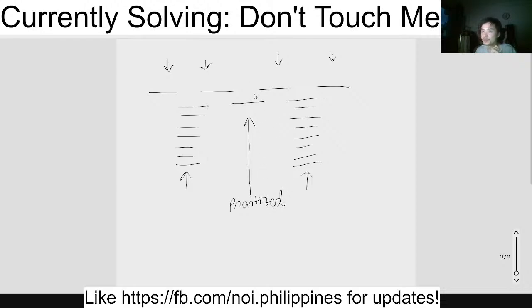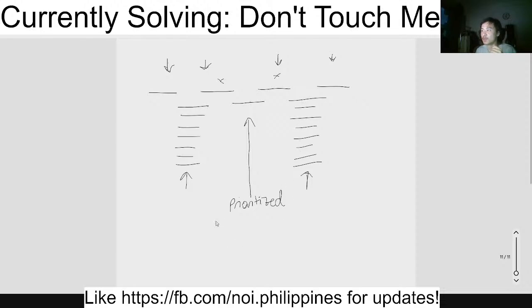But what happens if you pick this guy? Well, you can pick at most 3 intervals now, because you pick this guy, you can't pick these anymore. You have to pick at most one of these guys, or at most one of these guys, right?